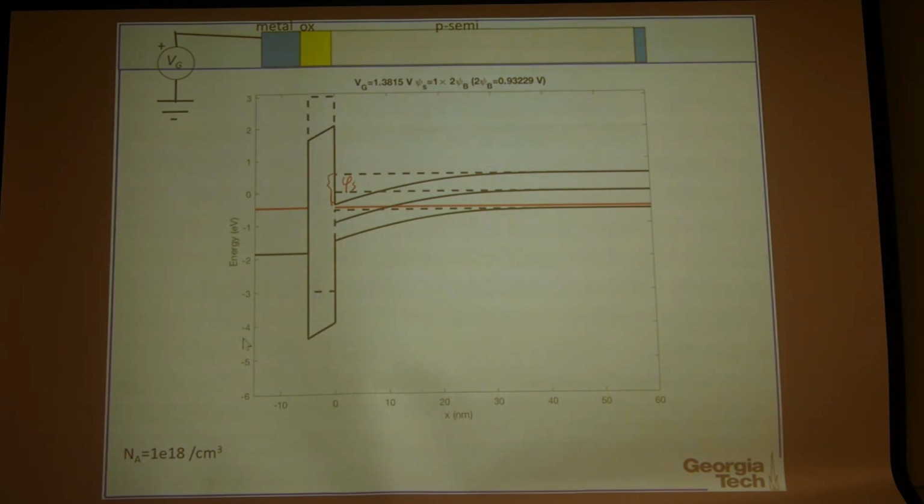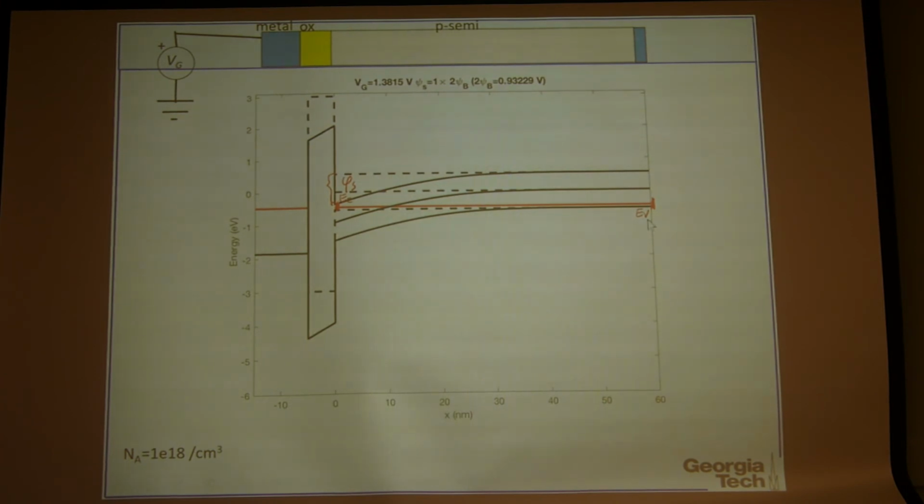Or in other words, if you look at the distance of the Fermi level to the conduction band edge EC at the surface, it is the same distance as the Fermi level to the EV at the very substrate.